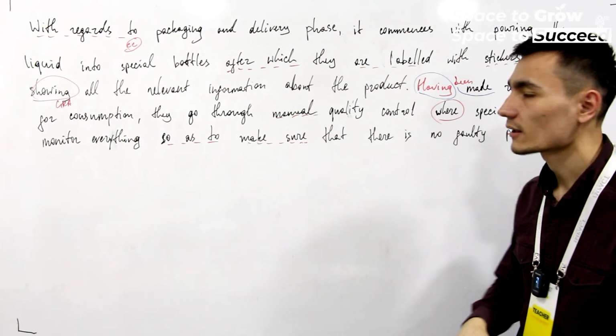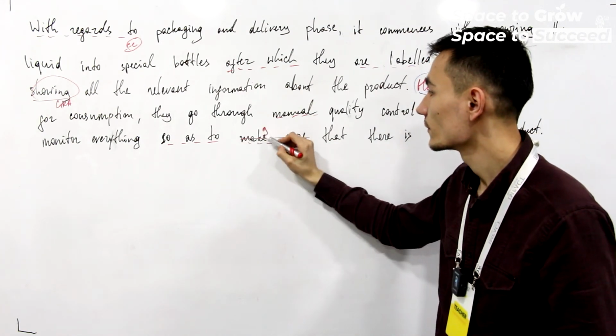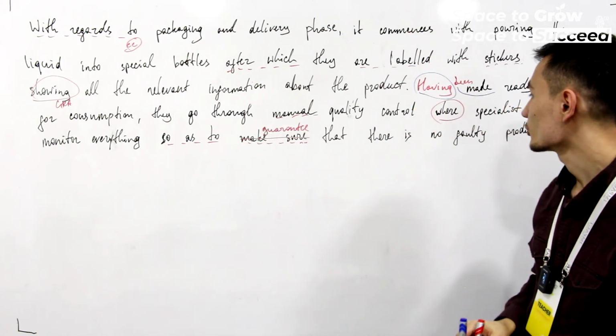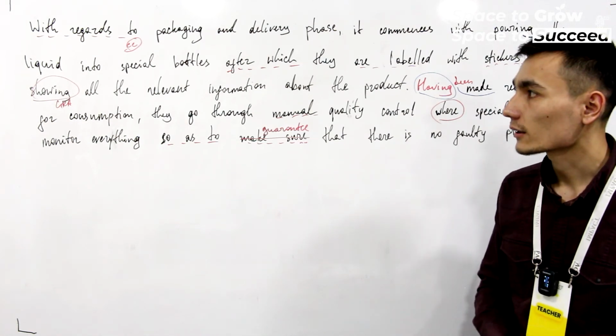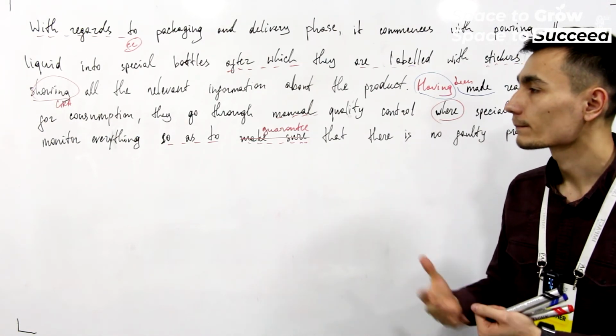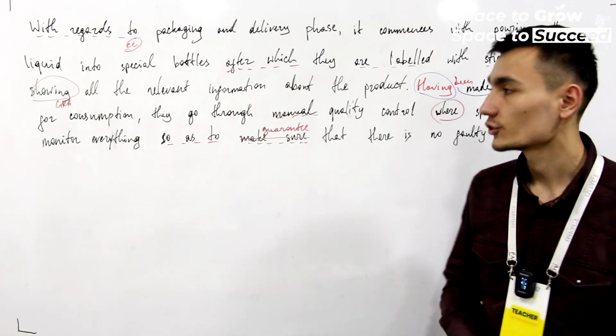So we can simply say guarantee instead of make sure. Guarantees that there's no faulty product, meaning that there's no product that is unsuitable for consumption or not good to consume.